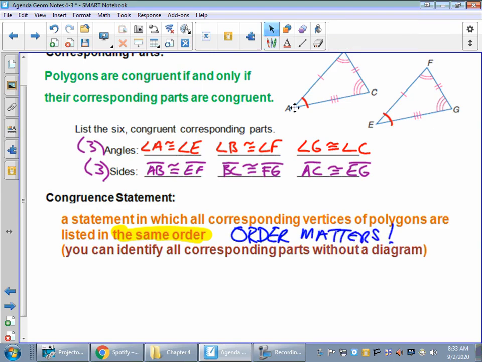Order matters here, because you can identify all corresponding parts of a triangle without a diagram if you use the idea that order matters.